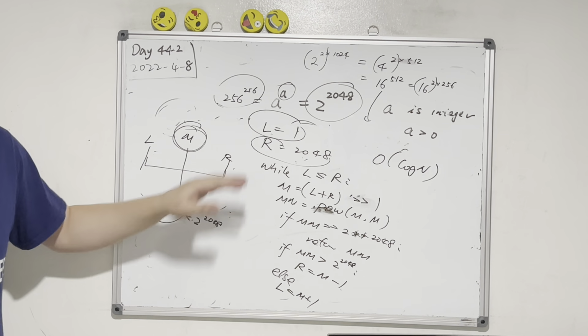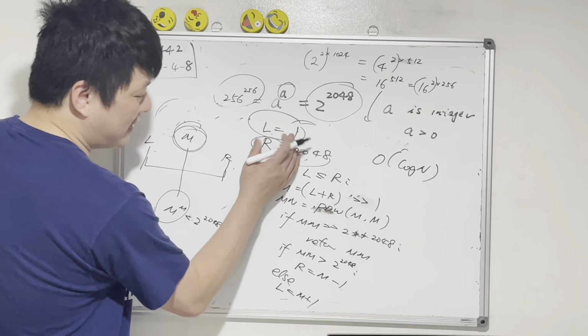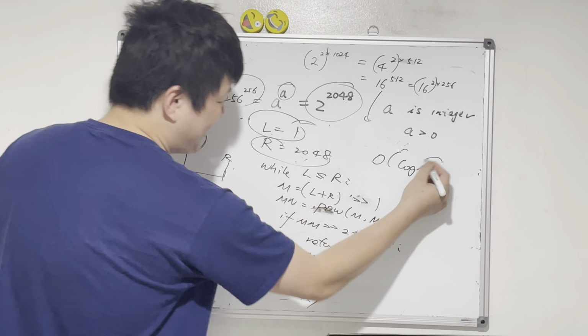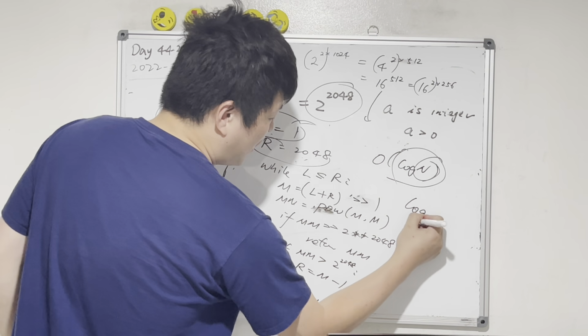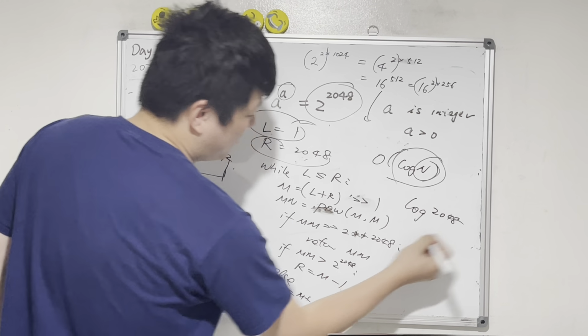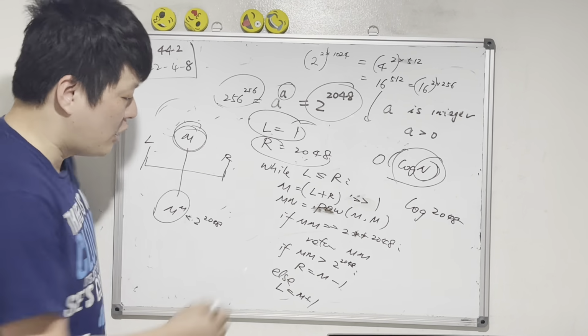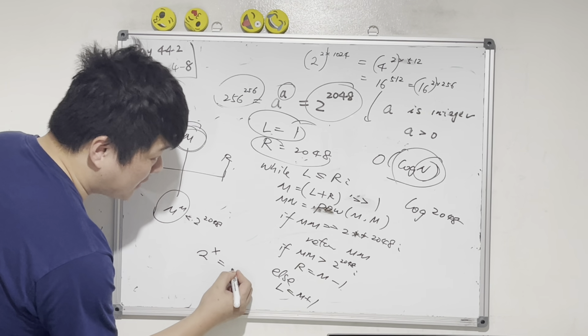But you are also right. What I meant is that generally, when it's n, you do log n. So what is log base 2 of 2048? 2 to the power of x equals 2048.